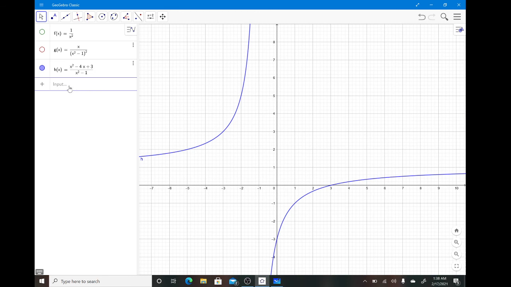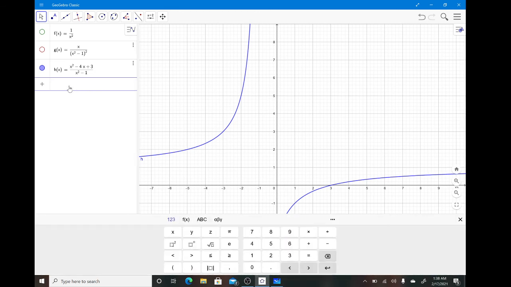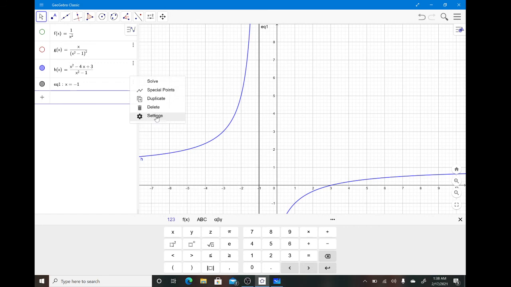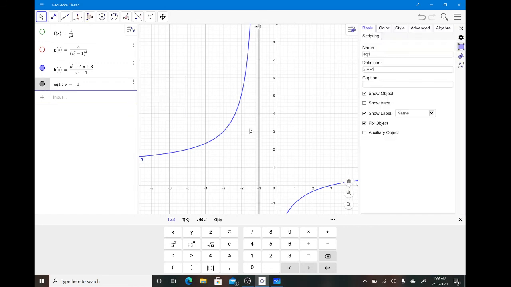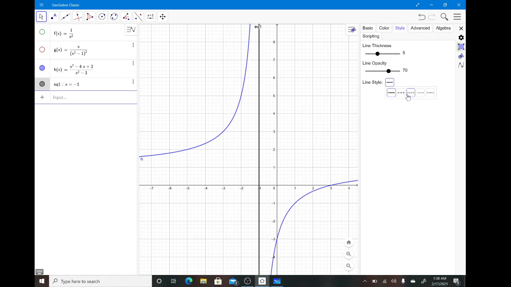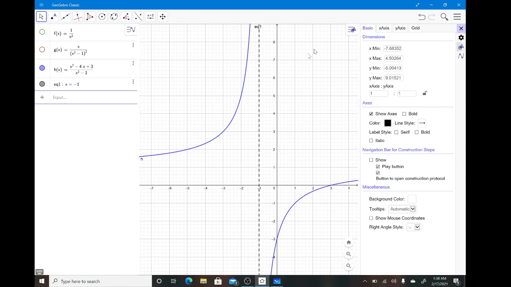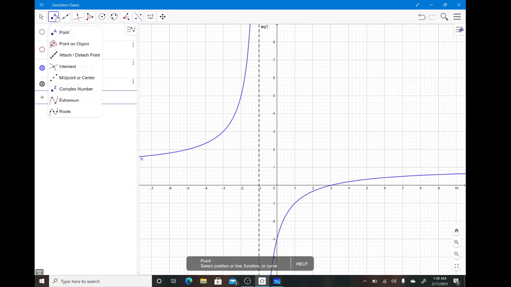We can actually graph it if we wanted to. So let's do x equals -1 here, so we could get that. And let's just very quickly change the way it looks. Okay, so this is how it's supposed to look like.